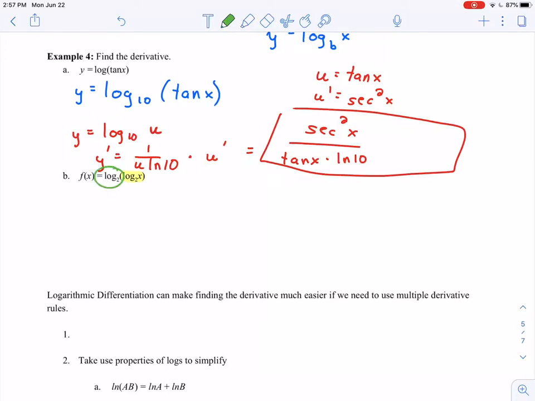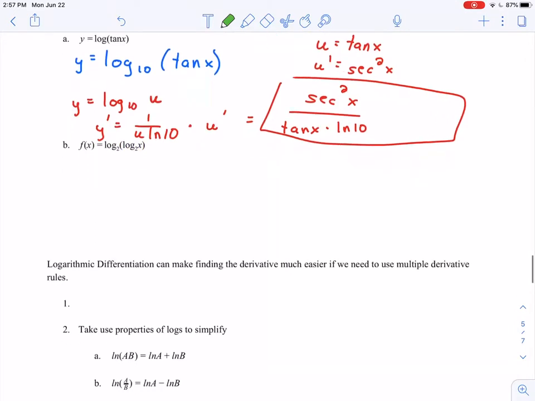This is yet another chain rule, a pretty common occurrence here. So for our chain rule, I need to identify my inside function, and that will be log base 2 of x. So I'll choose u to be log base 2 of x. U prime, what does the derivative of this look like? Well, that's going to be 1 over x.